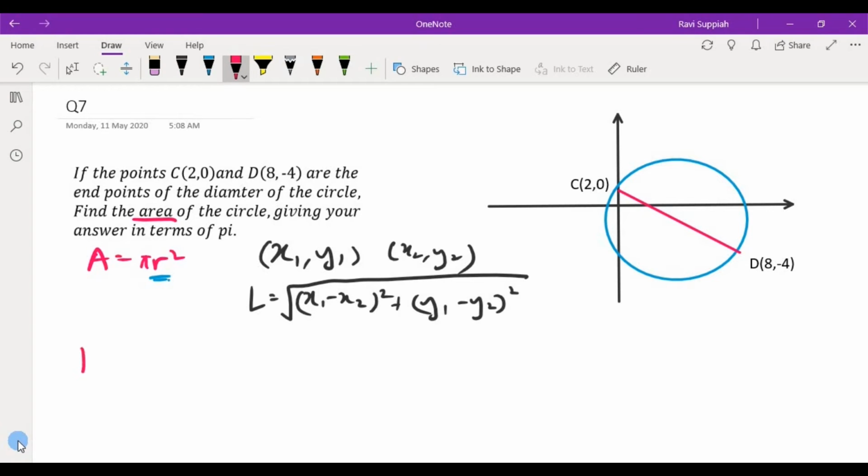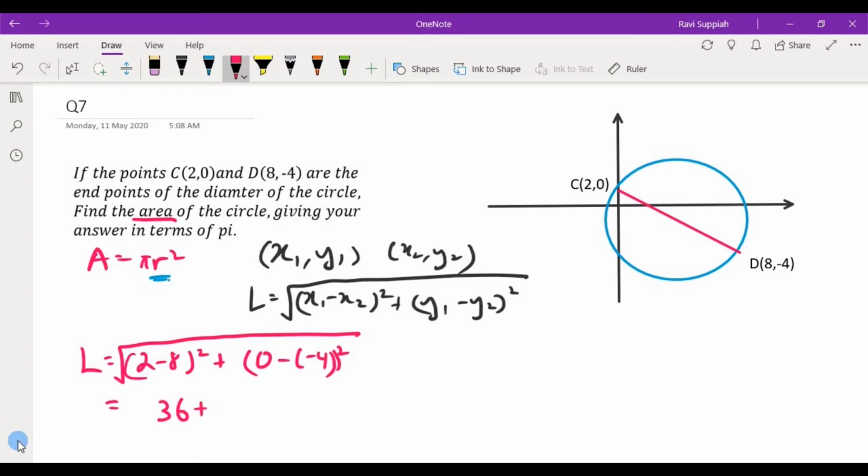So the length is given by the square root of (2 minus 8) squared plus (0 minus 4) squared. 2 minus 8 is minus 6, and minus 6 squared is 36. 0 minus 4 is minus 4, and minus 4 squared is 16.